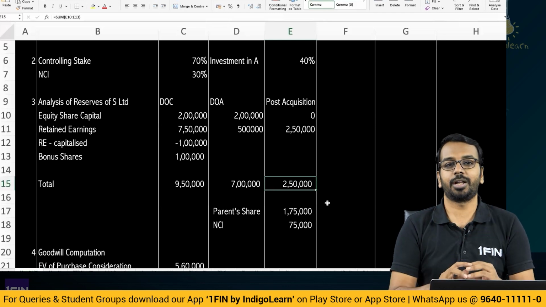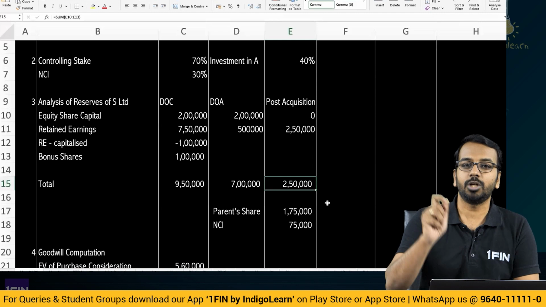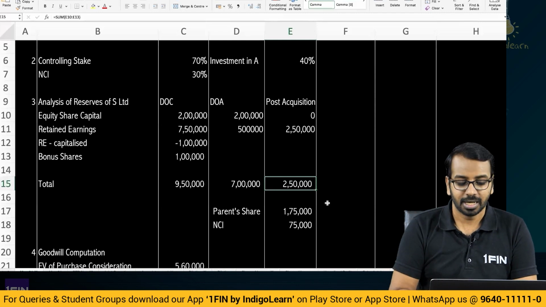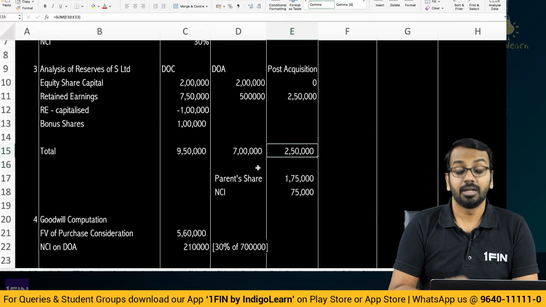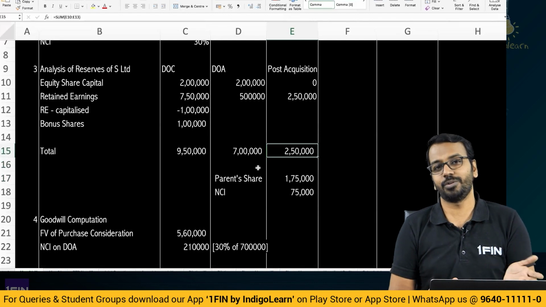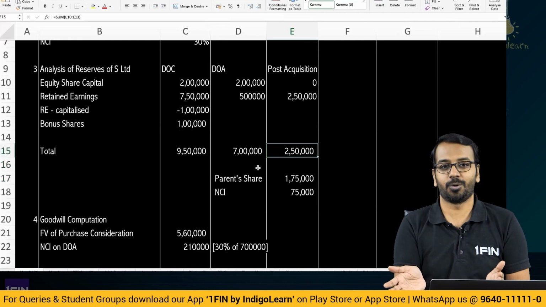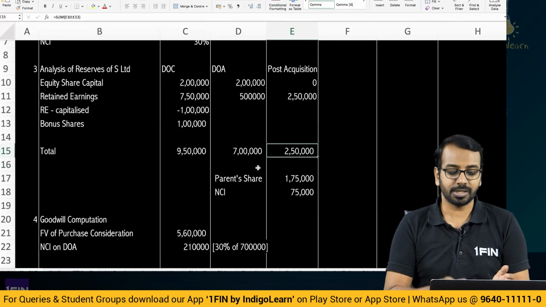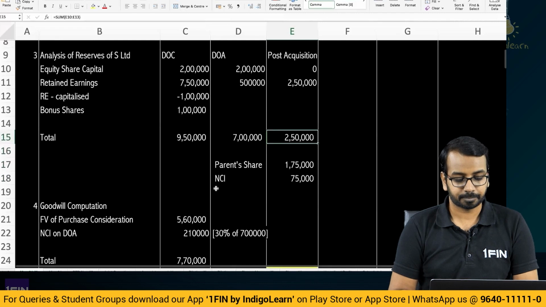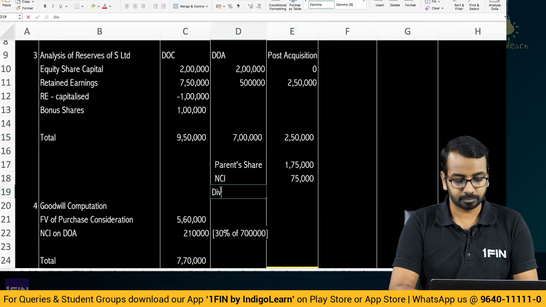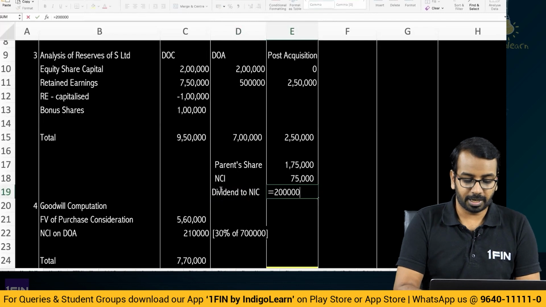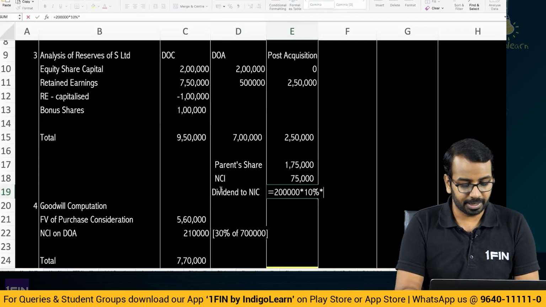We are only bothered about the dividend that has been paid to the non-controlling interest. Now how much is the dividend paid? Dividend is paid as per the question at 10% of face value. This also we don't know, whether it is before bonus or after bonus. We have assumed that it is before bonus. So the dividend amount that is paid to NCI will be 2 lakhs multiplied by 10% multiplied by 30%.